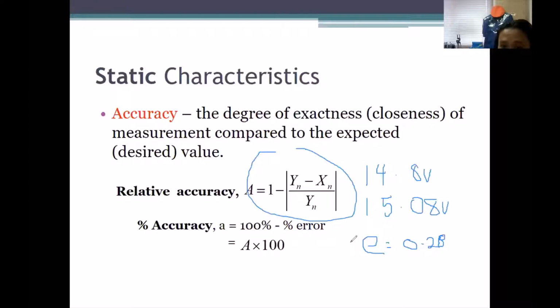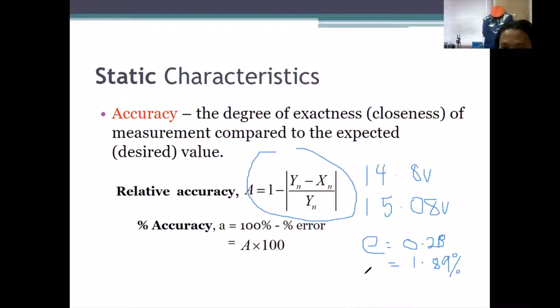So the percentage of error we got is 1.89%.